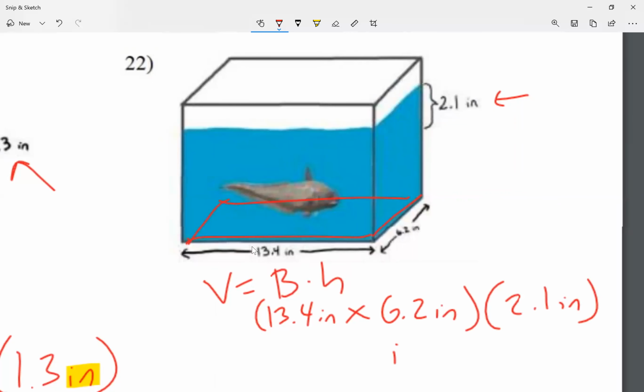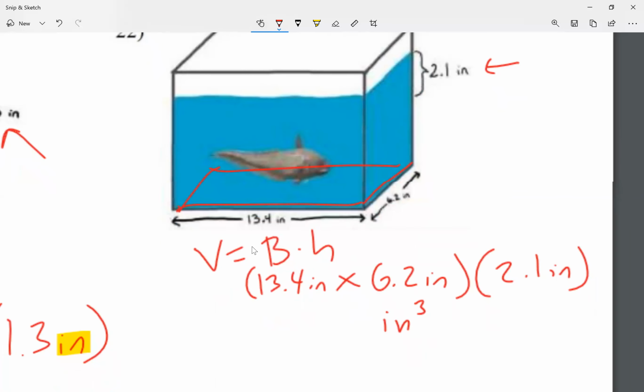I know inches is all to the third, and I just have to go 13.4 times 6.2 times 2.1, and it will give me 174.468 cubic inches.